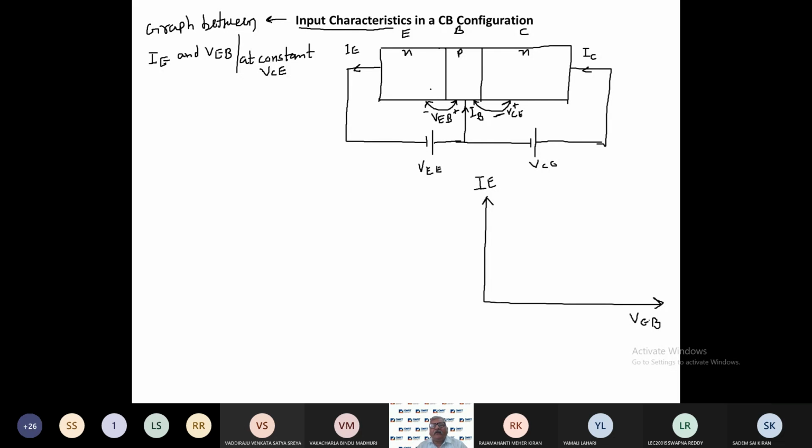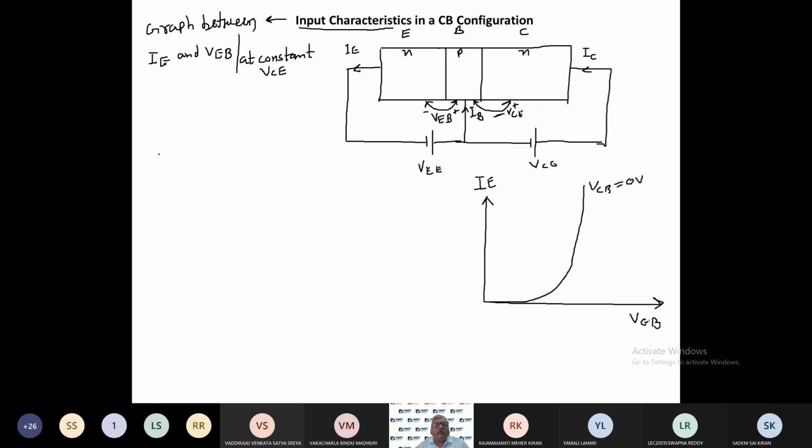Then we will draw the graph between IE and VEB. You will find this emitter base is forward bias, so it looks like a forward bias diode. So the graph will be just like the VI characteristic of a diode. This you will get at VCB equal to 0 volt, right?